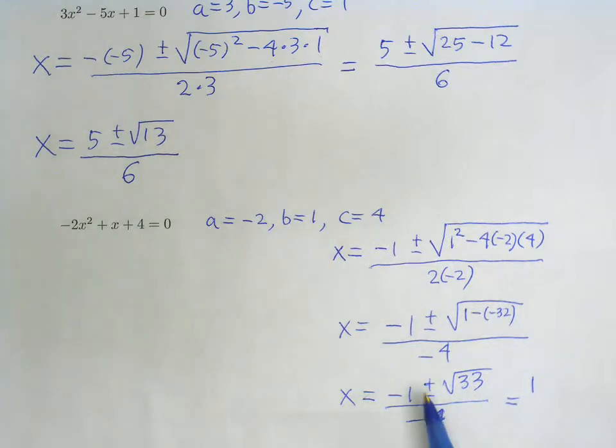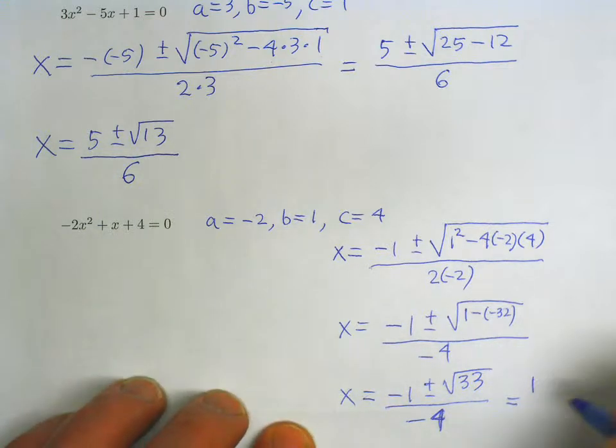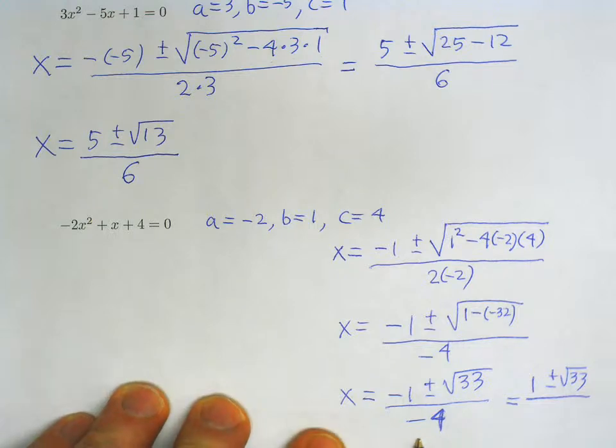So if I multiply every term in the numerator by -1, I just get 1 minus or plus the square root of 33. But minus or plus is equivalent to plus or minus. So I can write the numerator as 1 plus and minus the square root of 33. And then in the denominator, we multiply -4 by -1, and we get +4.